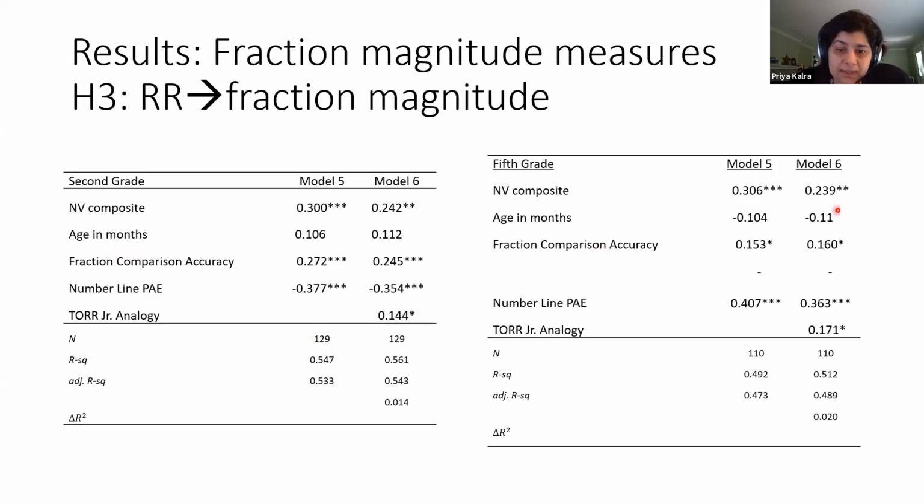Even when we control for these fraction magnitude measures, the correlation with number line PAE is negative because that is your error amount, as opposed to this one, which is your accuracy. Relational reasoning is still contributing something above and beyond the sense of magnitude, just the unidimensional magnitude of fractions.